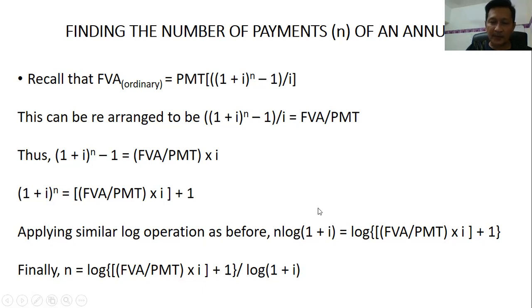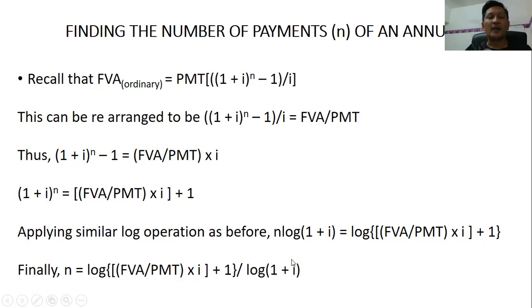But now when it comes down to the same level as the other terms, we can solve it using arithmetic. So leaving N alone on the left-hand side gives us N equals the log of FVA divided by PMT times I, plus 1, divided by log of 1 plus I. That is our objective, to solve for N, in terms of the other variables here.